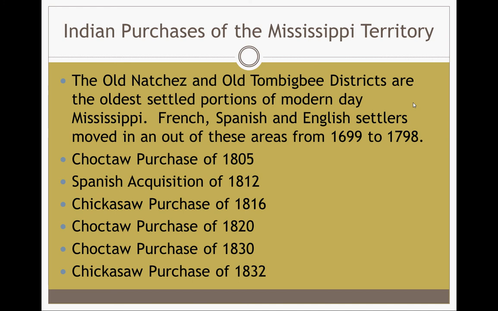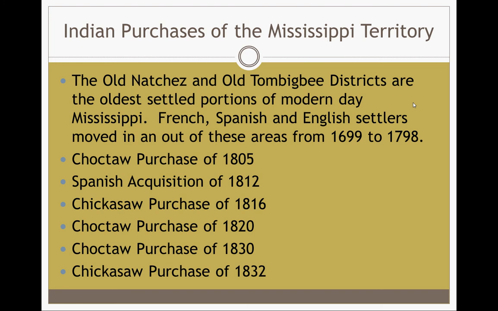A little bit down towards Greene County, but we're getting a little farther south there. All of that was in the old Tombigbee district, and it's the oldest settled portion of modern-day Mississippi. If you look at John Mellish's 1819 map of Mississippi, you can look it up on Google, that map actually shows the boundaries as they were set in 1817 for these districts.